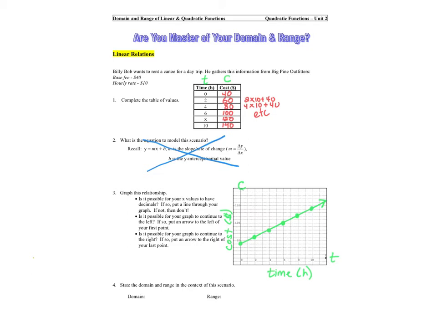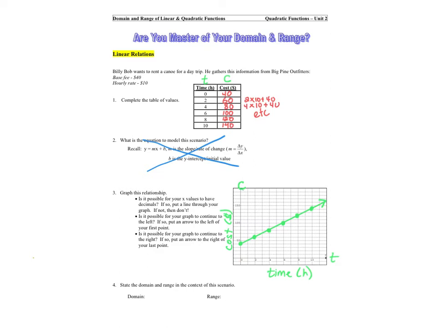Now, for the domain and range. Finding the domain and range is exactly the way you would have with graphs that were not word problems. So for the domain, you look how far to the left does the graph go, and it goes to here, which has a t-value, time, of 0.